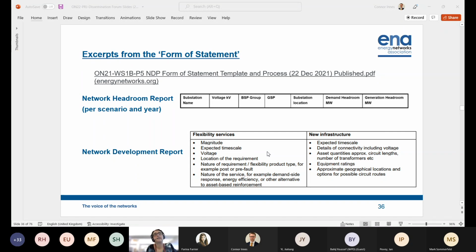Is it something that we have approved funding for? Is it something that's approved but not yet in delivery, particularly as you're getting further out? So these different categories are relevant for different types of projects, or it may be something that's already in delivery and we've already started working on, whether that's infrastructure or flex.